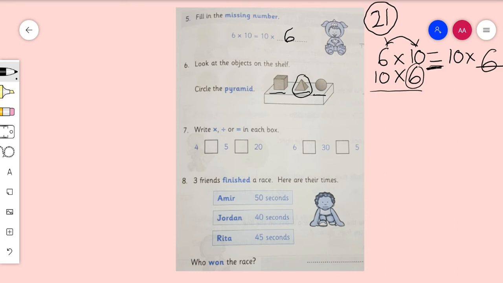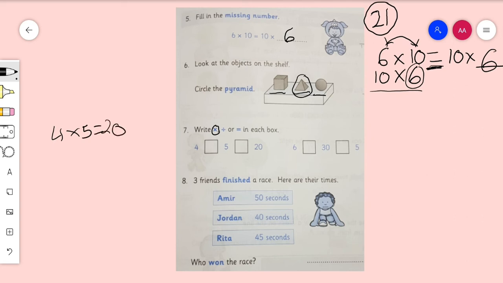Now let's move on to question number 7. It says, write times, divide, or equals in each box. The box is here. It says 4, something 5, something 20. We can try with the first one, which is times. 4 times 5 equals 20.